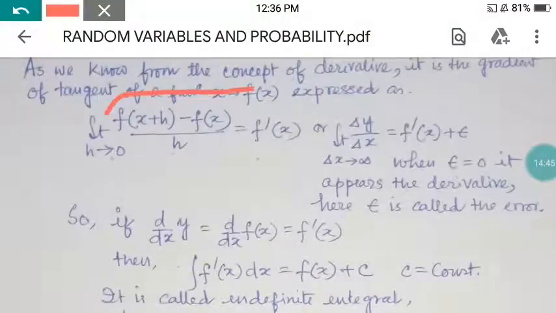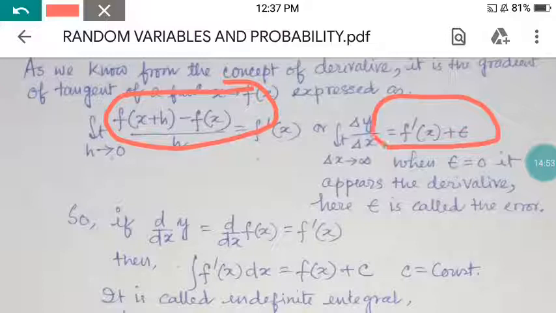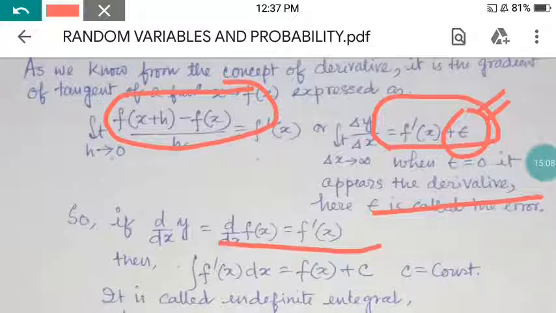The limiting value arrived at is f dot x plus epsilon. When that error epsilon goes to 0, it comes to the derivable value. So if d/dx of y is f dot x, then the integral of f dot x equals f of x plus c, where c is called the integral constant.